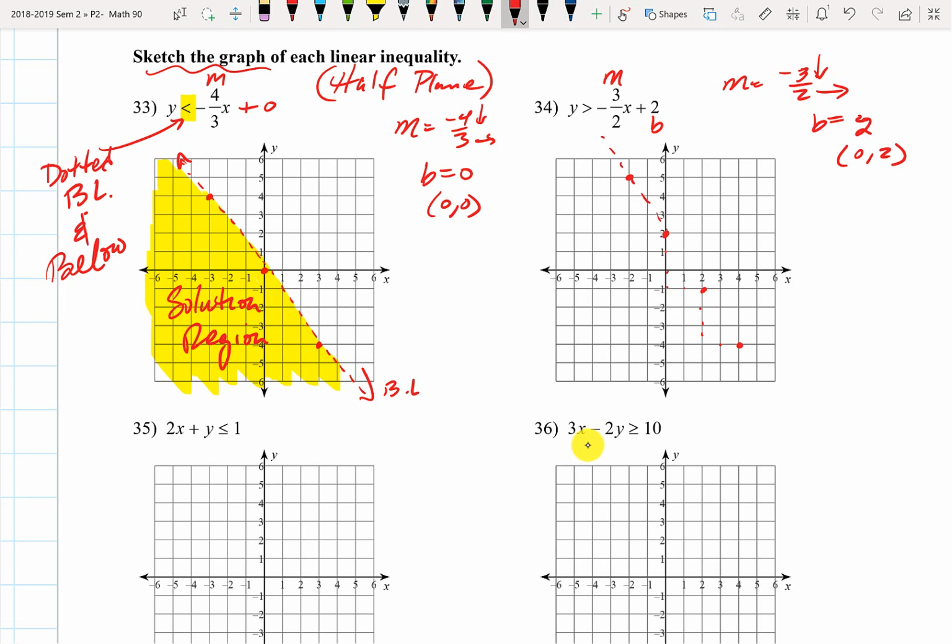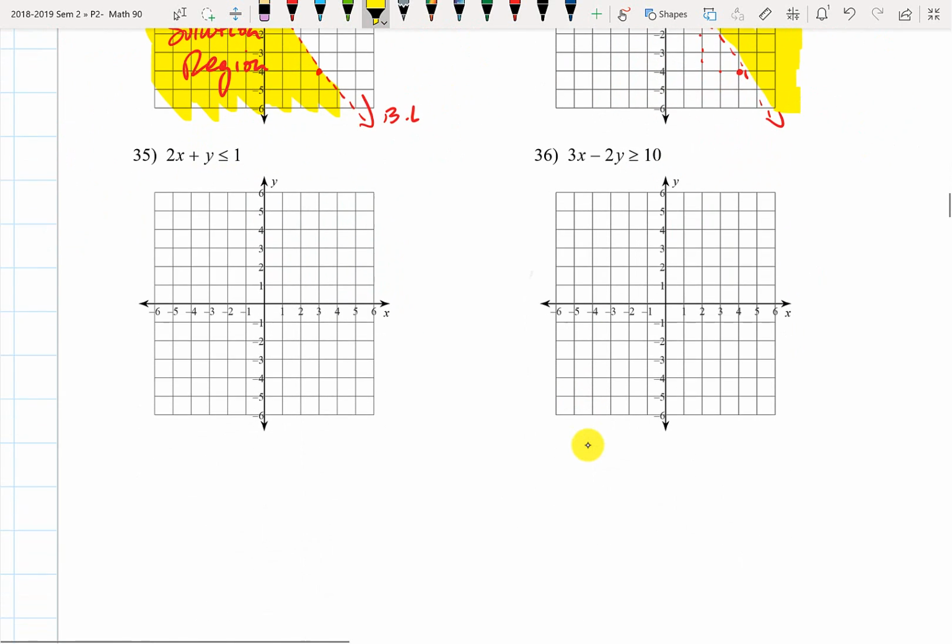Okay, and it's going to be a dotted boundary line here again, but this case is a little bit different. Right here, the boundary line is going to be dotted, all right, and the solutions are above, so it's going to be dotted and above because of the greater than symbol. So we're going to shade above the boundary line.